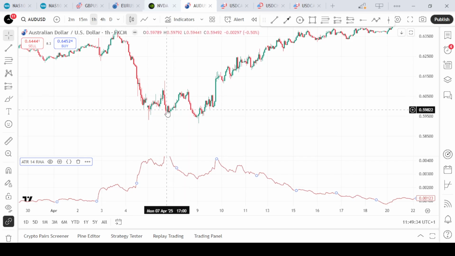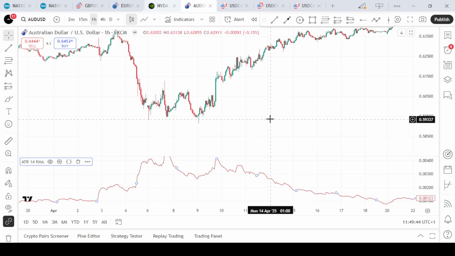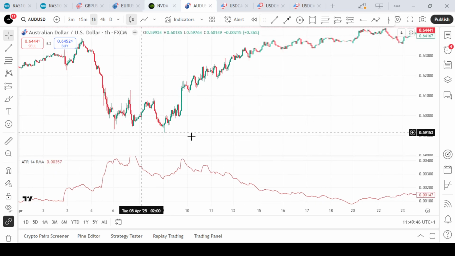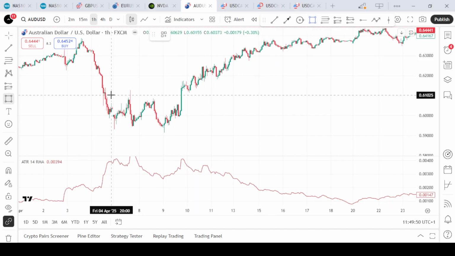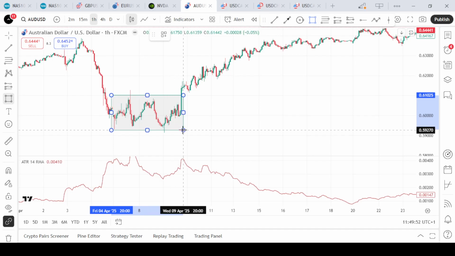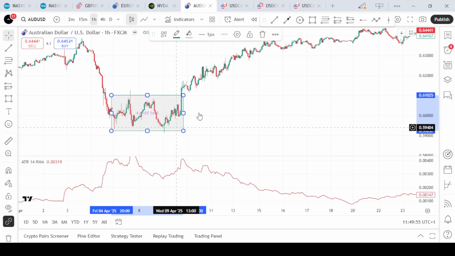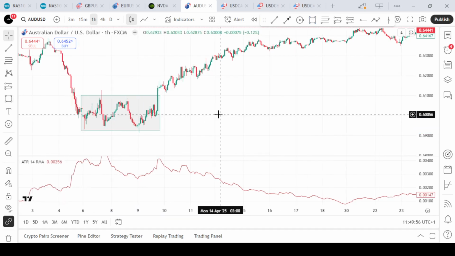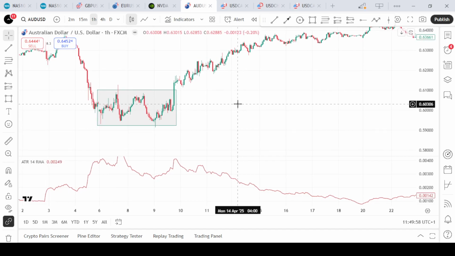This breakout represents movement beyond the asset's normal volatility range, filtering out insignificant price fluctuation. The ATR breakout strategy offers two key advantages. It adapts automatically to market conditions, and it provides a framework for risk management.